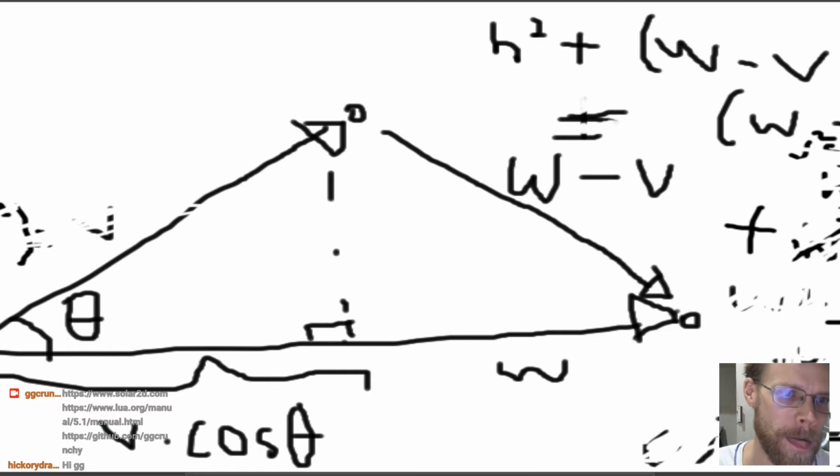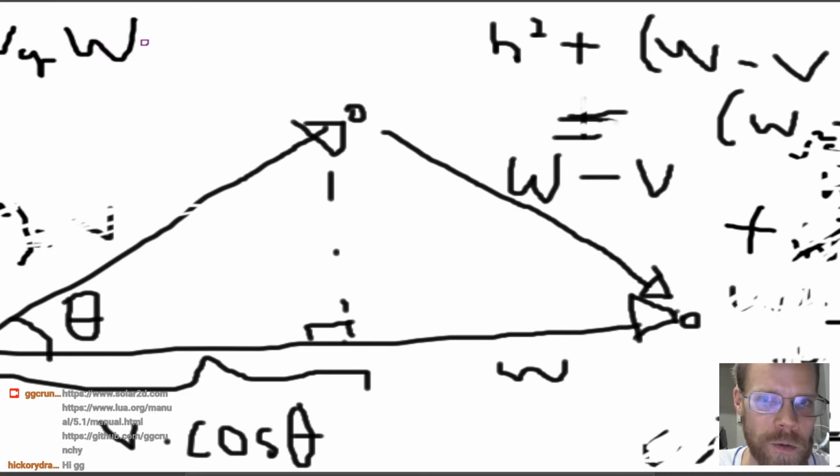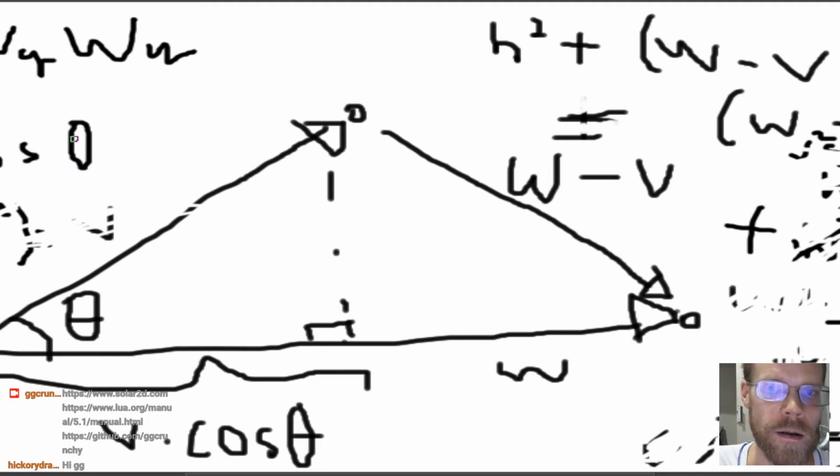It's a bit confusing. And so what this all comes out to is Vx times Wx plus Vy times Wy equals VW, and those are the lengths of these two vectors, not just numbers, and then times cosine theta.